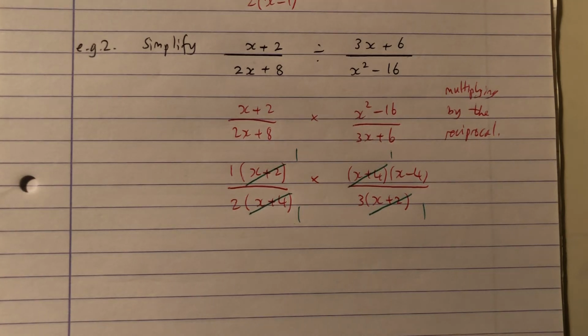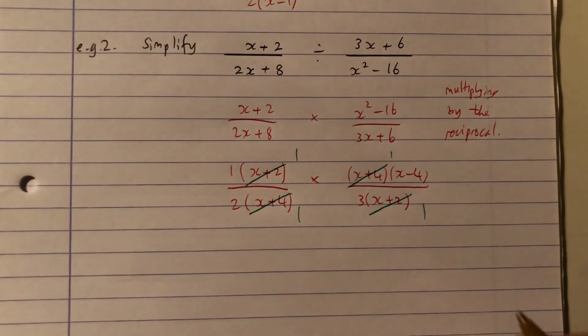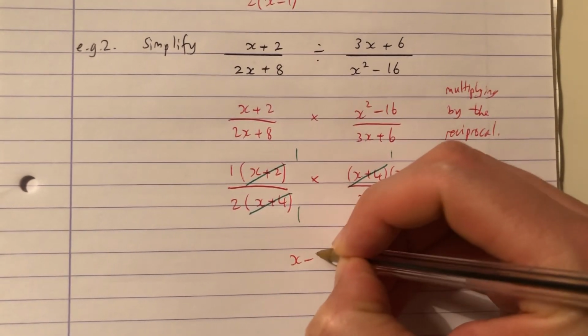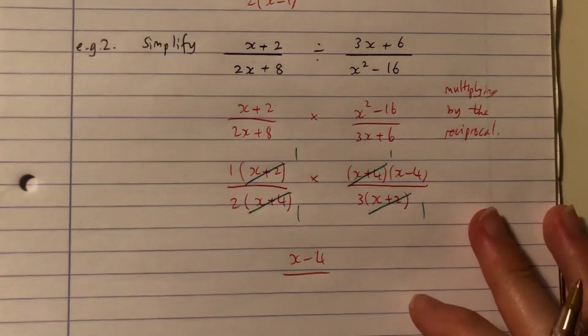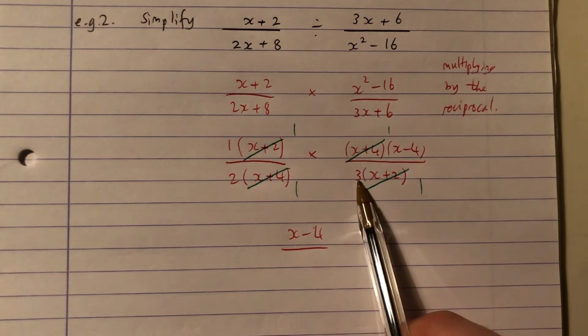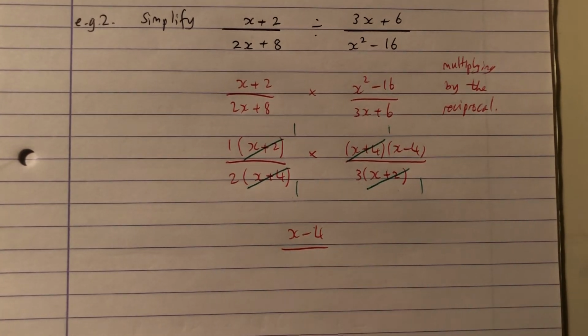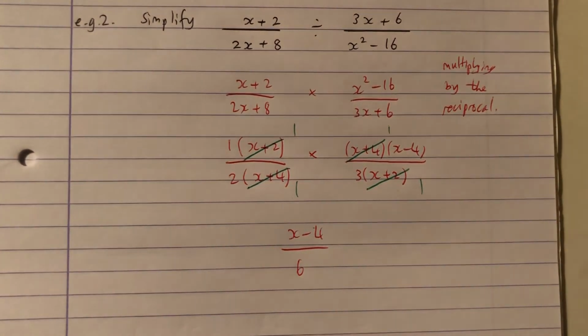The final answer to this would be 1 times 1 times 1 times x minus 4, which is just x minus 4, over 2 times 1 times 3 times 1, which is 6. x minus 4 over 6 would be the final answer to that.